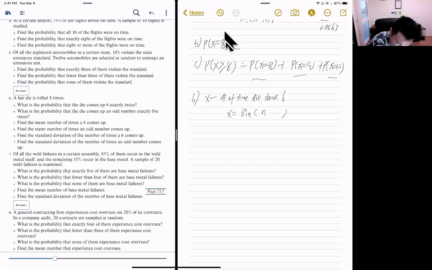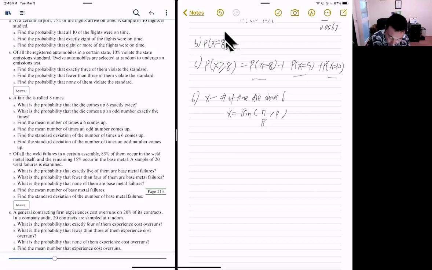Because we toss the die, not 6, 8 times, and each time the chance of getting a 6 will be the same. So n is equal to 8 times. What is p here?